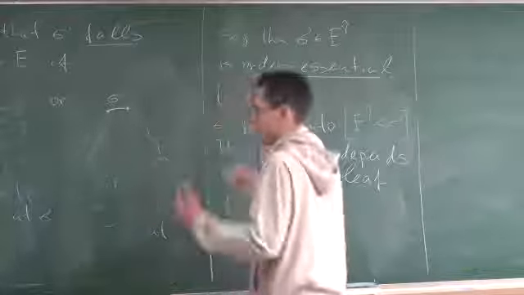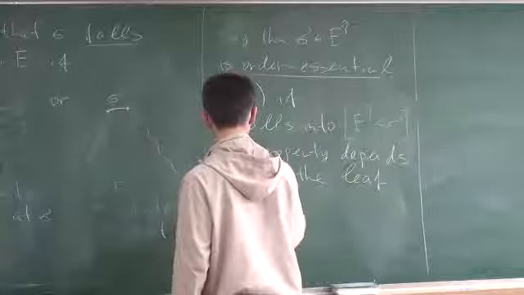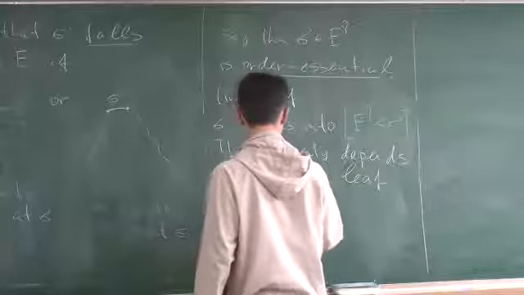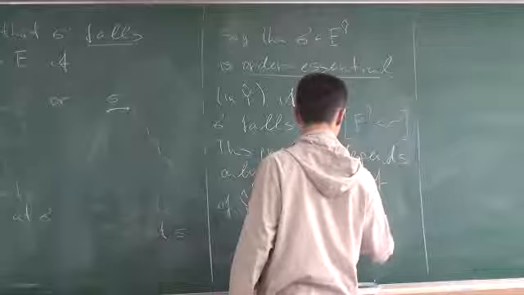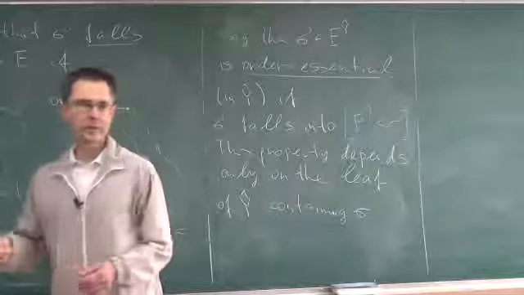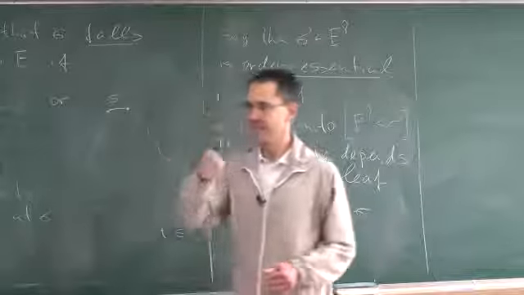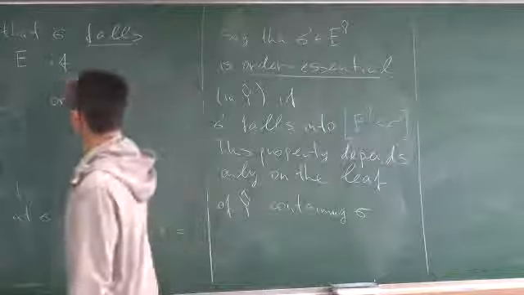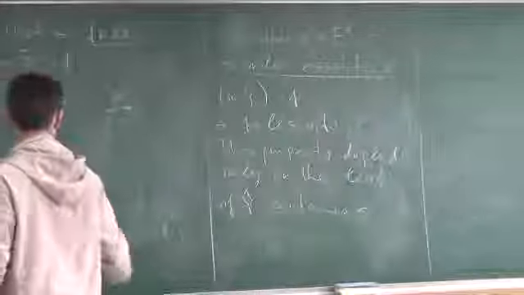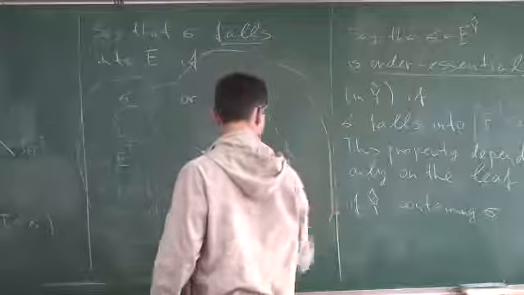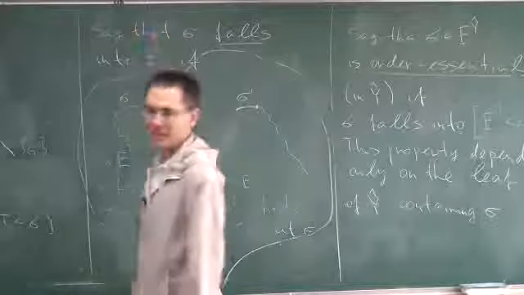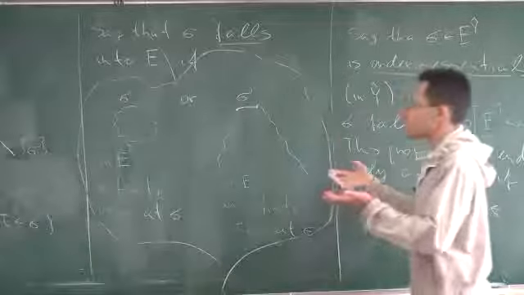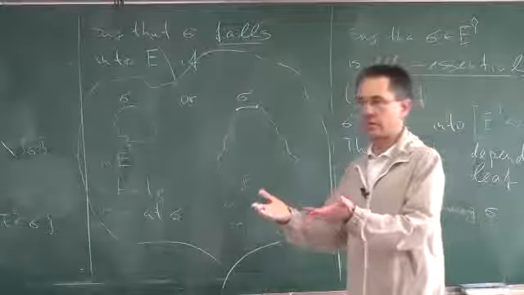Leaf meaning a connected component of y hat containing sigma. So one can draw that picture that you see on the first page. You can actually draw the leaf here. I should have used green color, which I don't have here. So something like that. This picture takes place in just one component.